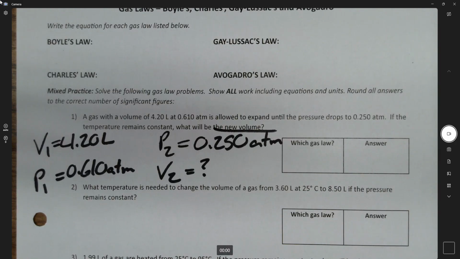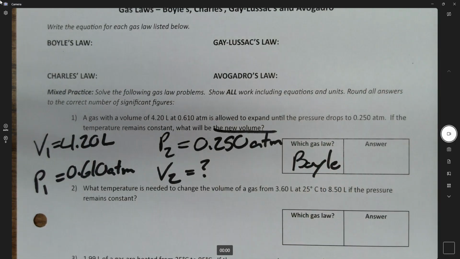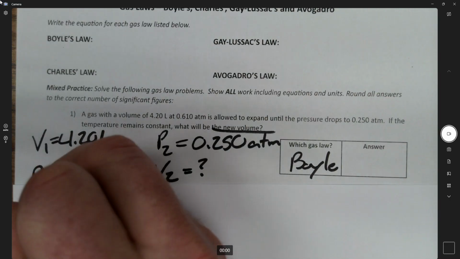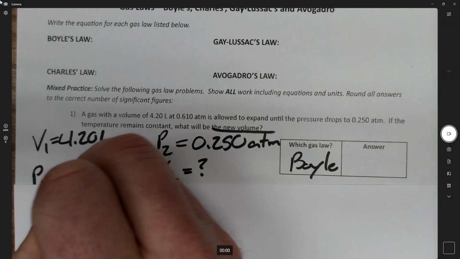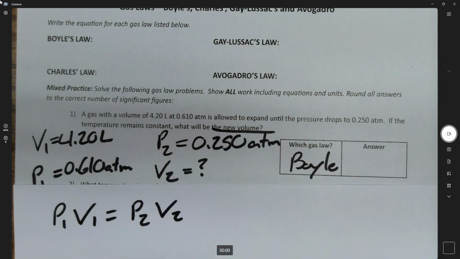If I'm dealing with pressure and volume, which one of the four laws am I using? Boyle's law. I'm using Boyle's law, right? So I'm going to write Boyle. I'm then going to write out Boyle's law, which is P1 times V1 equals P2 times V2.